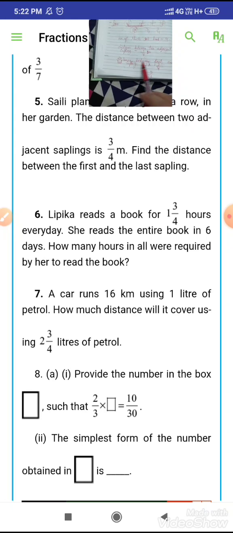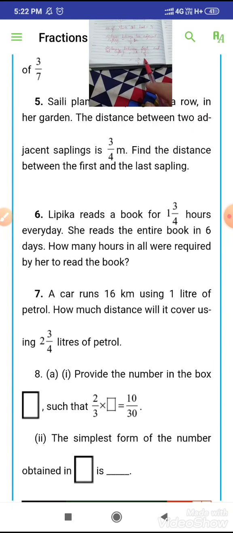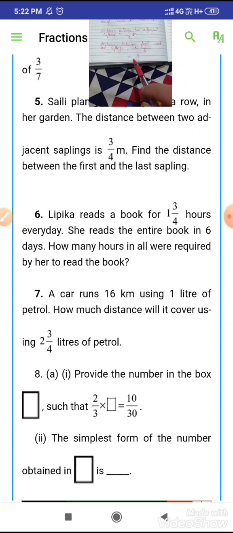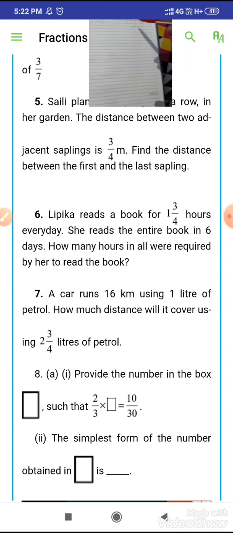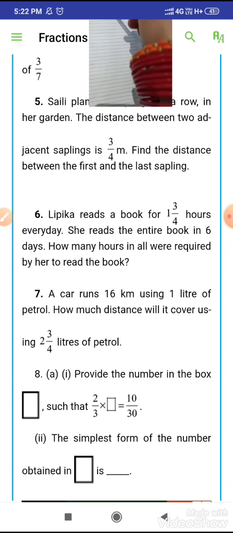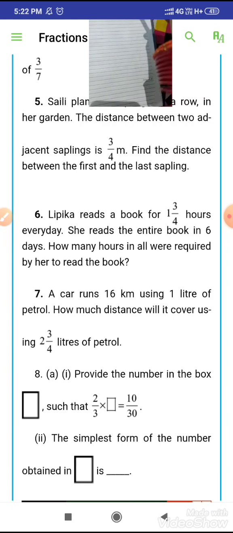So the distance between first and last saplings is equal to 3 multiplied by 3 upon 4, and our answer is 9 upon 4. It is an improper fraction and we reduce this fraction into a mixed fraction. For this we divide 9 by 4, and after division we have 2 whole 1 by 4 as our answer.